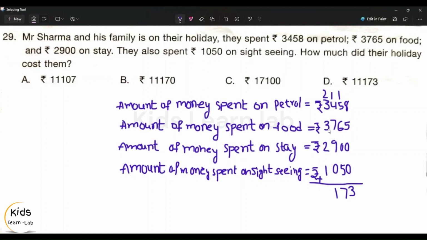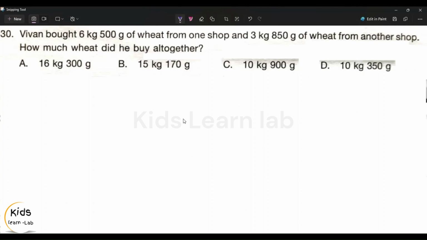So 2 plus 3 is 5, 5 plus 3 is 8, 8 plus 2 is 10, 10 plus 1 is 11. So 11,173 rupees is the answer, children. So option D is the right answer, children.